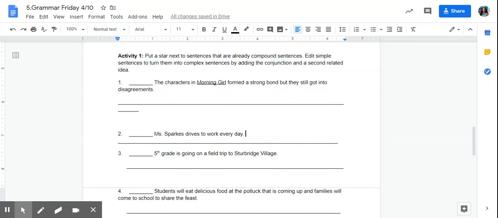So to start: the characters in Morning Girl formed a strong bond, but they still got into disagreements. So we have the characters in Morning Girl. Characters is our subject, and formed is our predicate. And we have a conjunction.